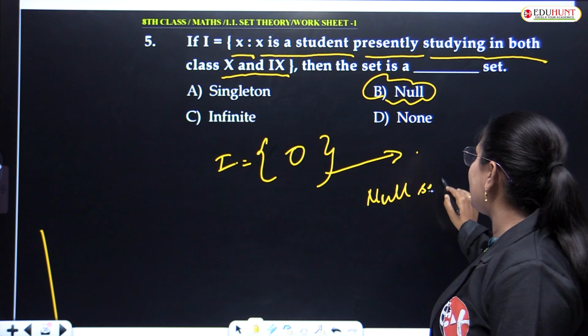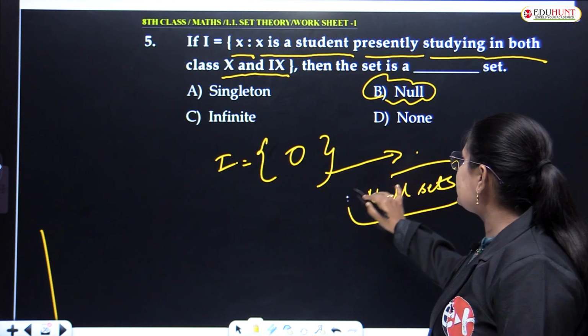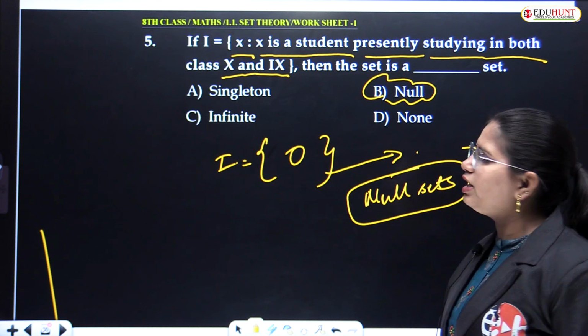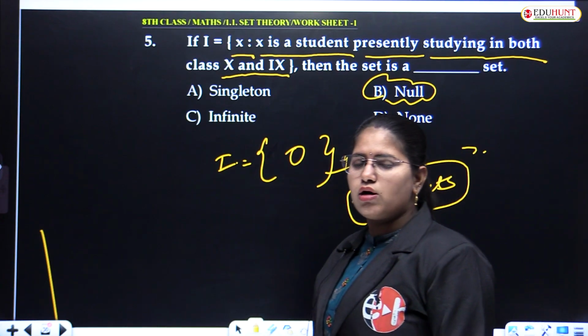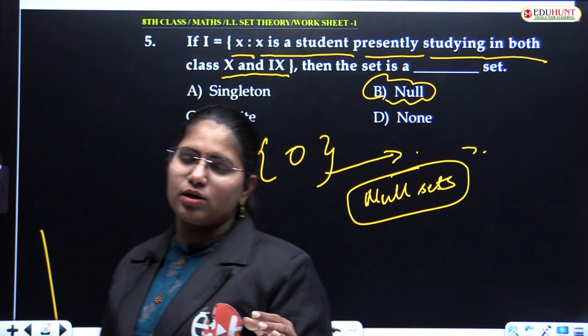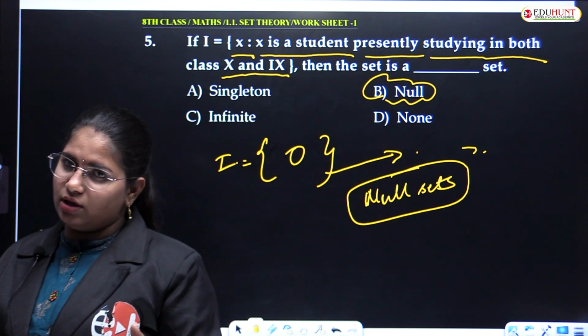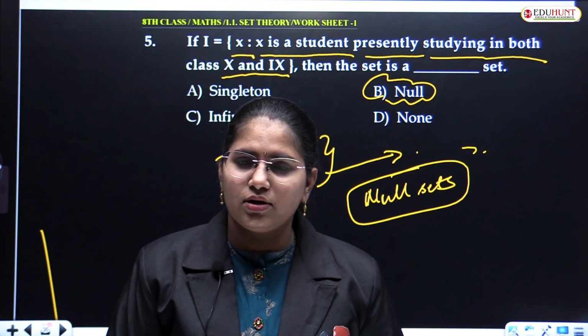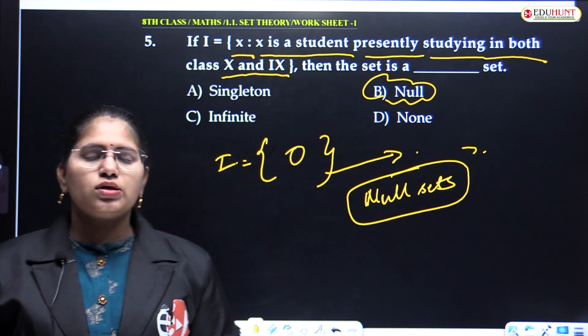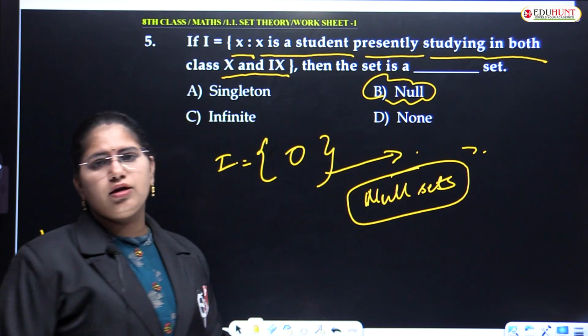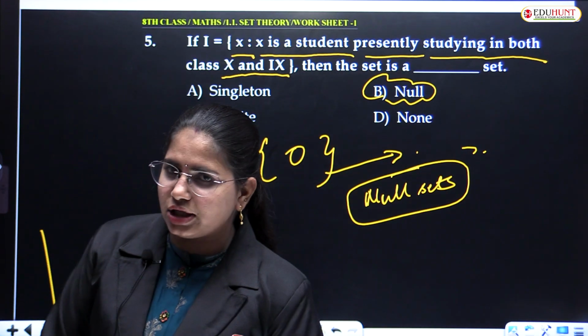Null is nothing but empty. So such a set is called a null set. Am I clear with it? Understood, guys? So this is the null set. Can I get to the next one? Please have a look at it.